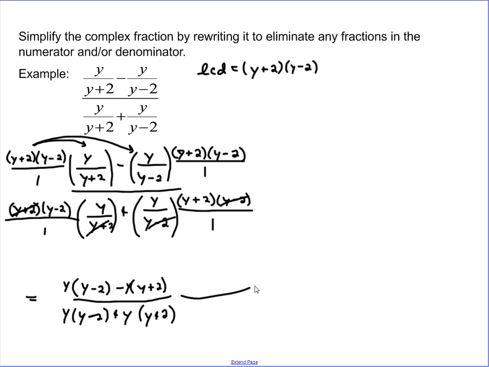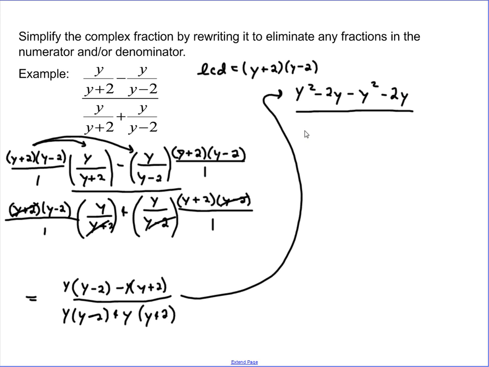What does that mean for me? Well, in this case, if I distribute, y squared minus 2y minus y squared minus 2y in the numerator would be divided by y squared minus 2y plus y squared plus 2y.